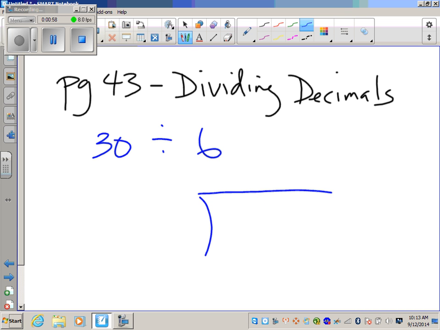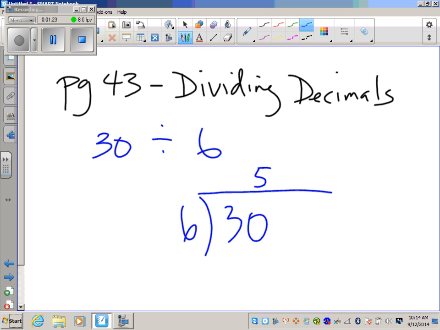We don't necessarily need to set one up like this because we should be aware of what we're working with here. But if we did, we'd write it exactly the way it looks. The 30 is going to be divided by the 6. How many equal groups of 6 can we make out of 30? And therefore, it's 5. Now, the lesson for today is dividing decimals.